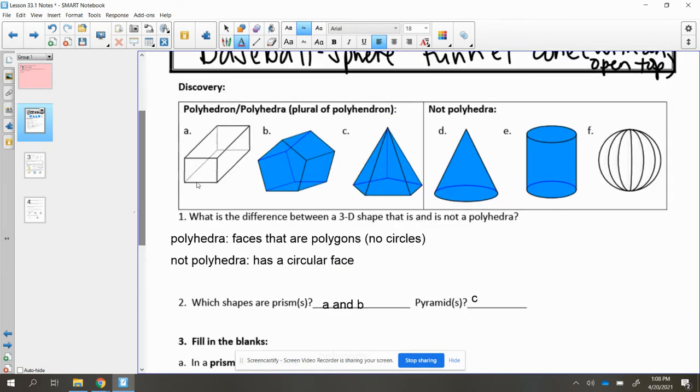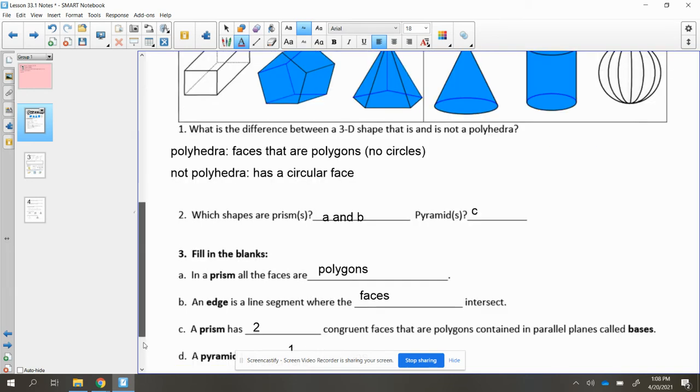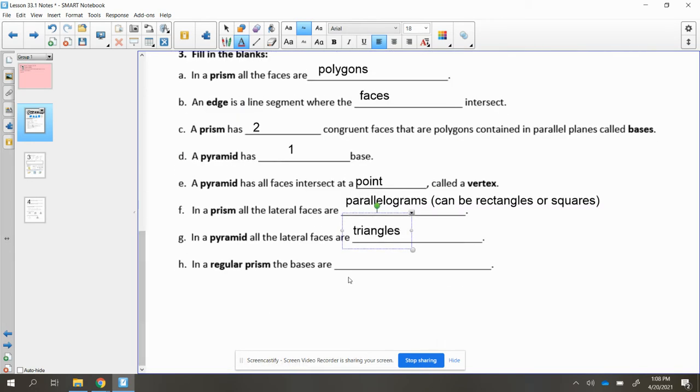If we look at the difference between those all the way around, for our lateral faces, obviously not the pentagonal base, we have these rectangular faces all around, versus with our pyramid, these faces are all triangular, while the base is a pentagon. Last but not least, in a prism, the bases are going to be any regular polygon.